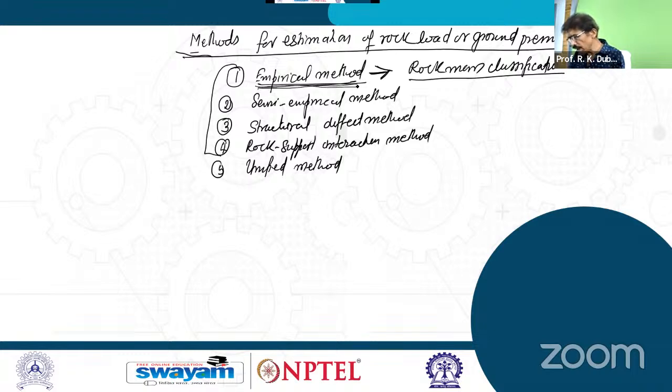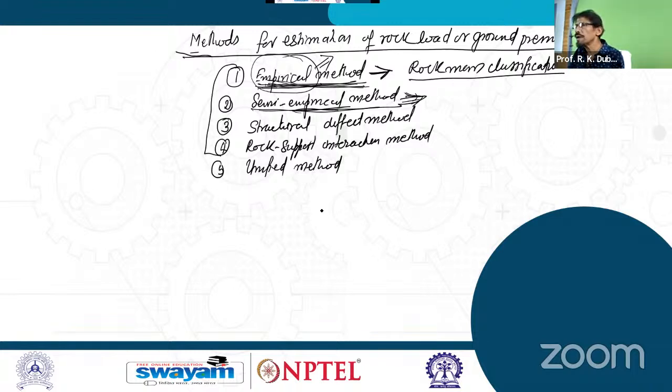In this indirect way, we estimate empirically the rock load or ground pressure which is necessary for designing the support system to stabilize a particular excavated or bored underground space structure. Semi-empirical: partially we utilize empirical and partially analytical approach.